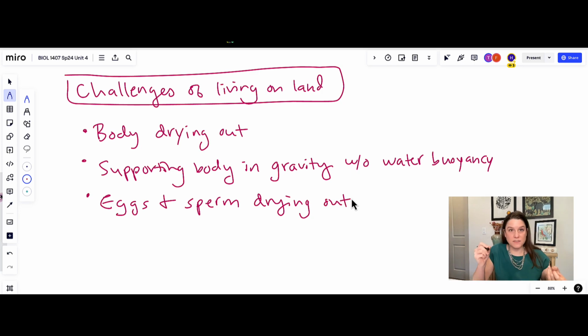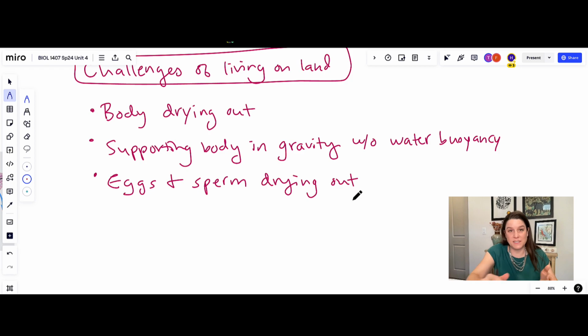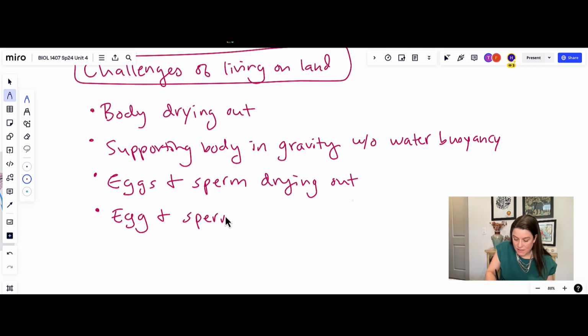You'll notice a lot of these are the same things plants had to work with, right? The plants had to have adaptations that arose to allow them to move to land as well from being green algae in the water. If you're not in water, you're not going to just have sperm swimming around or your eggs just being dispersed like in water.